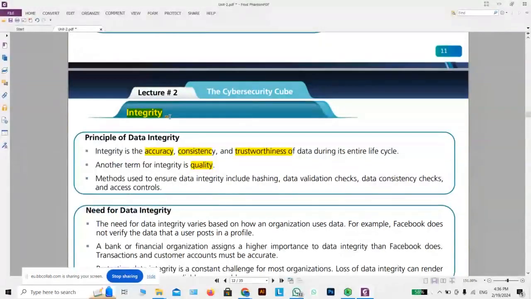Let me give you another example, in an organization, because this is all about the organization's security. Organizations' data should only be available to those who need it. Access to data such as human resource files, medical records, and school transcripts should be limited.